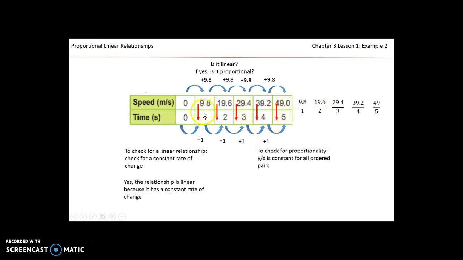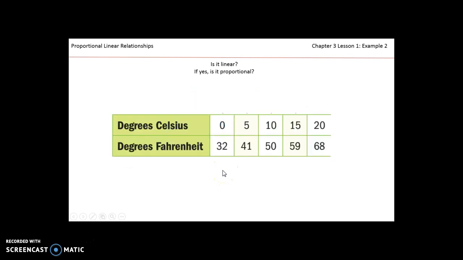And it kind of gives it away right here. It gives us the 0 point. It is a value, so that also tells us it's proportional. All right. Now, I want you to pause this video and give this a shot, and we'll go over this one in class.